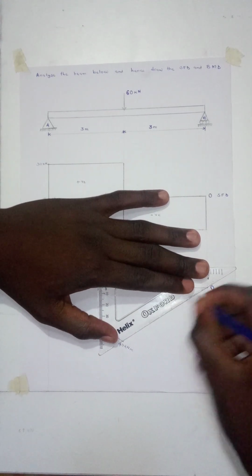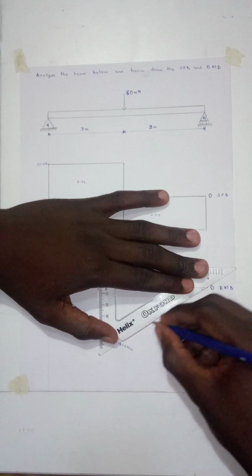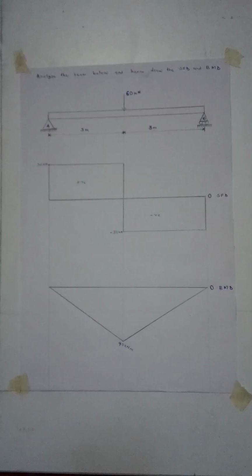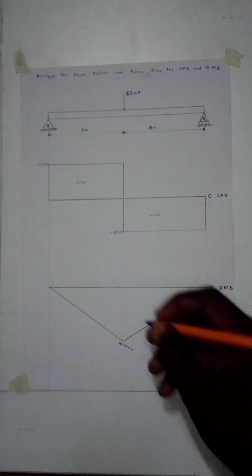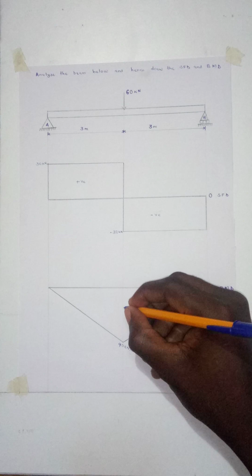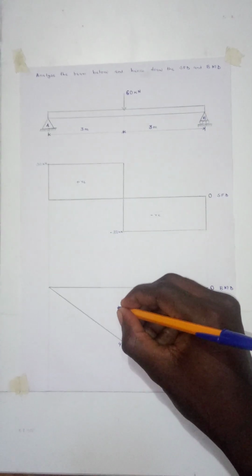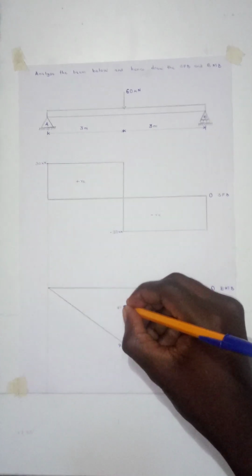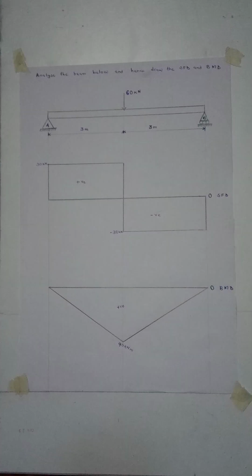So we draw that and join the 2 to the 0 mark. As I had said earlier, the figure on the lower side of the bending moment diagram is usually positive, so you can label this side to be positive. I think we are done at that point.